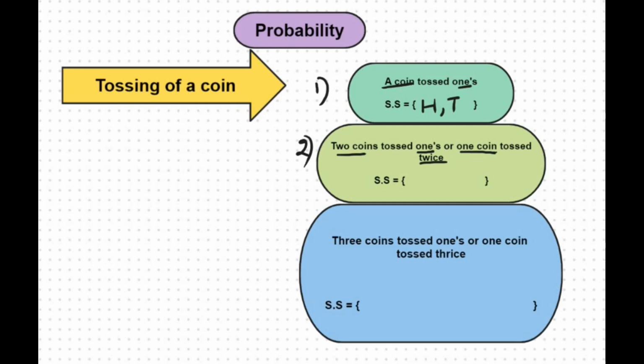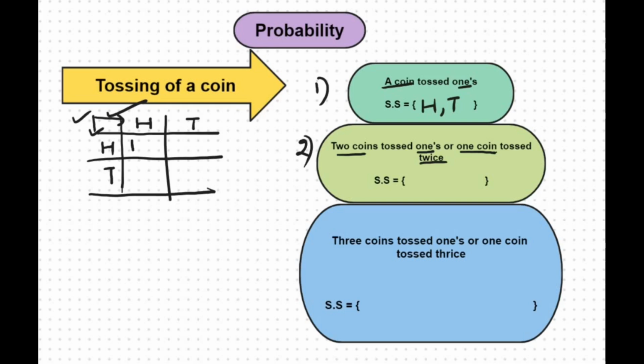How to write the sample space? You can write along the horizontal line the outcomes of the first coin, that means head and tail, and along the vertical line write the outcomes of a single coin which is tossed once. So here we have the first coin information, and in the vertical line we have second coin information.